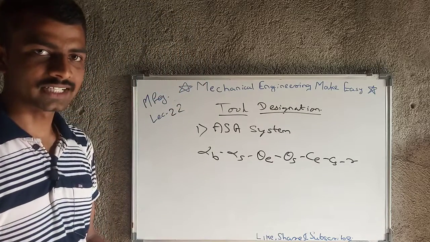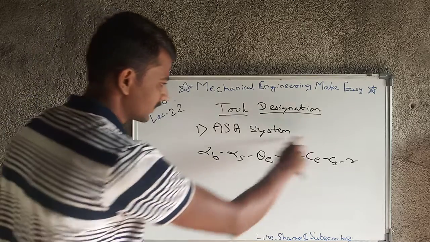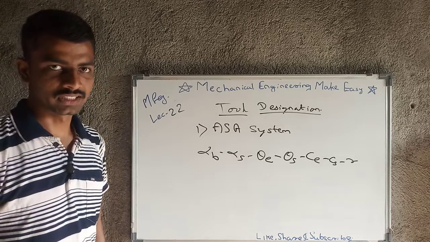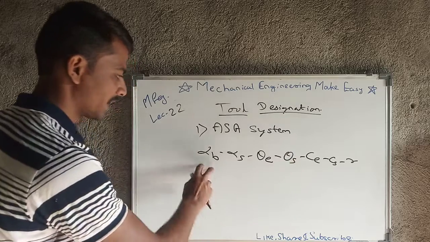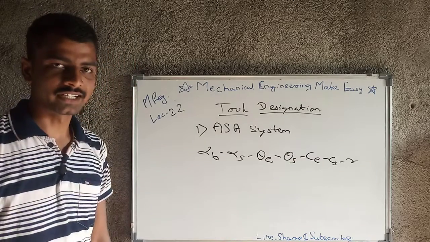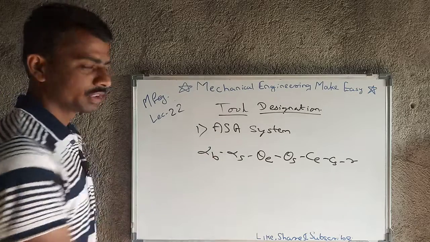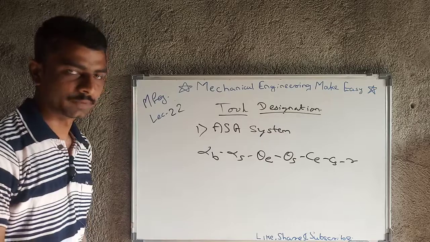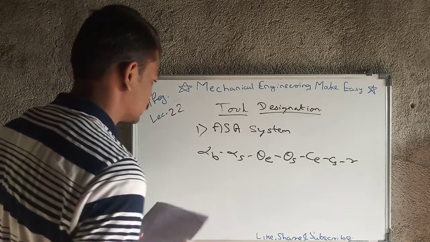There may be chances that in the GATE exam or etc, they will give you the designation in this form, and they will ask you what is back rake angle or another parameter, and for that you will need the values of back rake angle, end relief angle, side cutting edge angle or nose radius. So you should know on which position the nose radius is there, on which position end relief angle is there. So note down this formula, and this is nothing but American Standards Association.